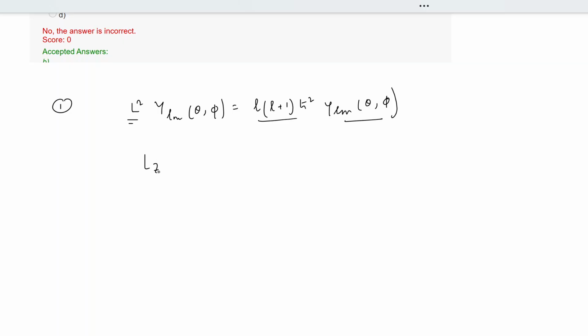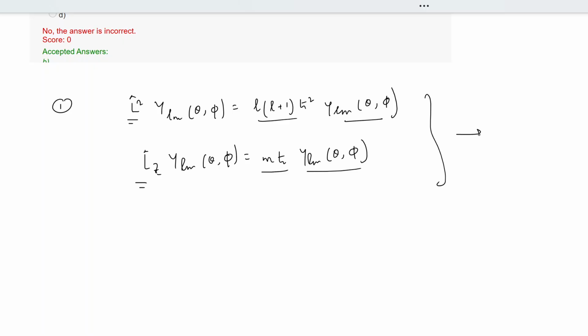Similarly, you are familiar with the relation that the LZ cap operator, when acting on YLM theta phi, gives m h cut YLM theta phi. This is the eigenvalue, this is the eigenfunction, and this is the operator.